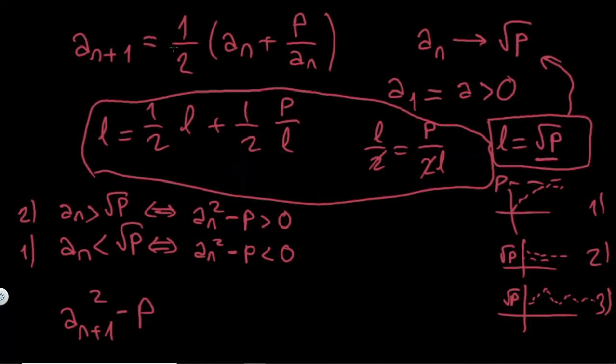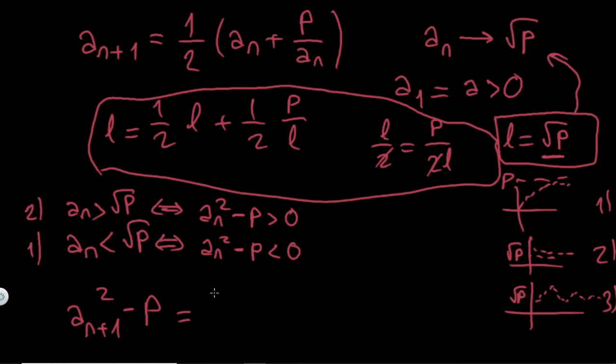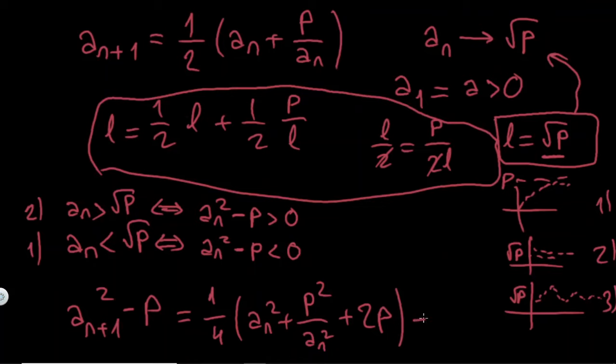So I can just substitute it here, squaring this thing: 1 over 4, and it's going to be a_n squared plus p squared over a_n squared, plus 2p, and of course I have minus p.